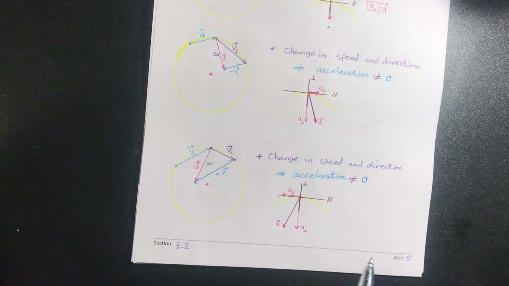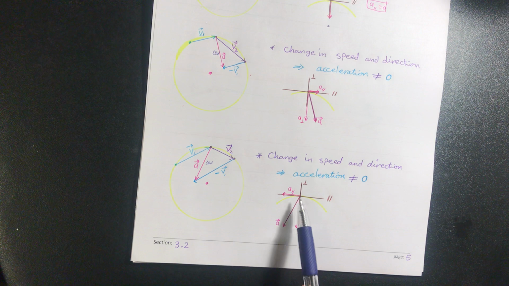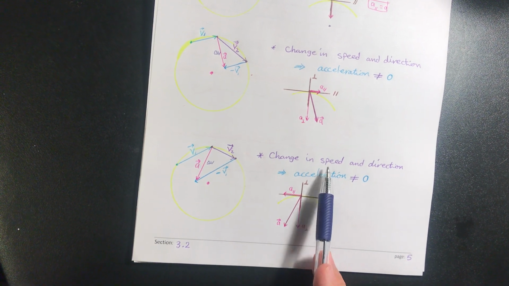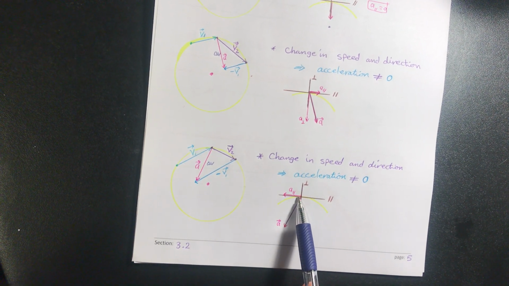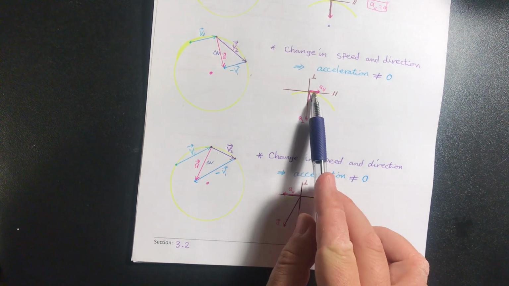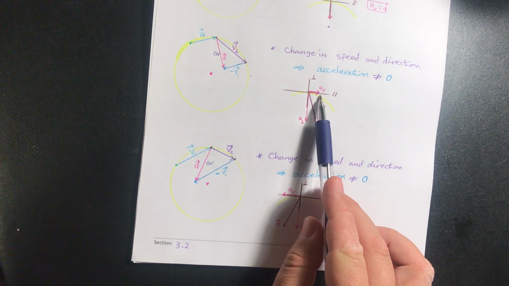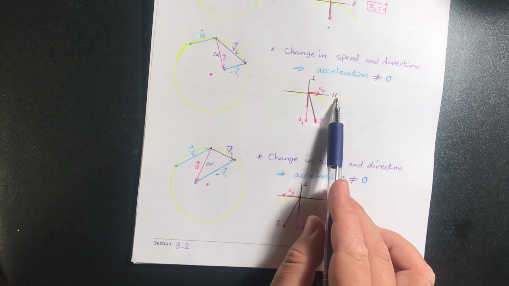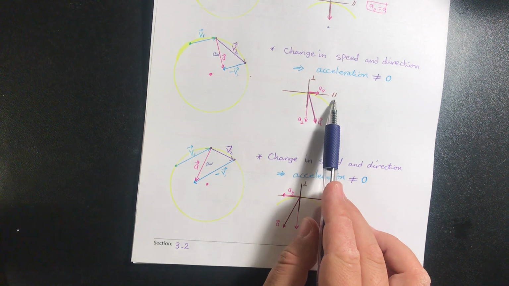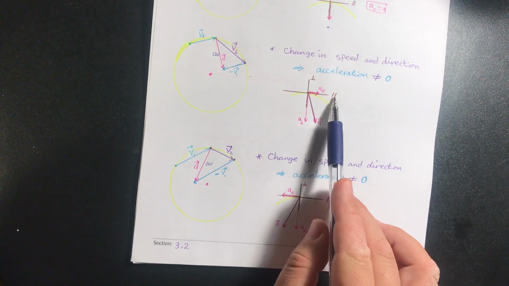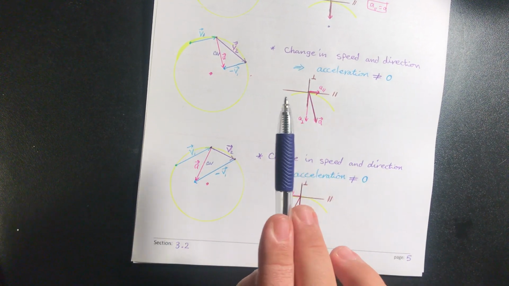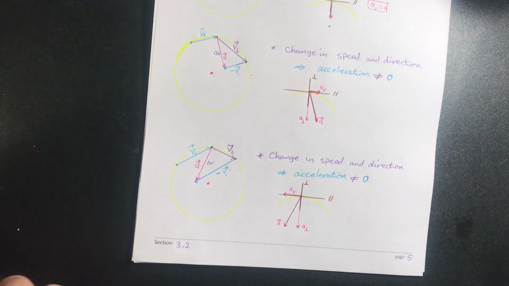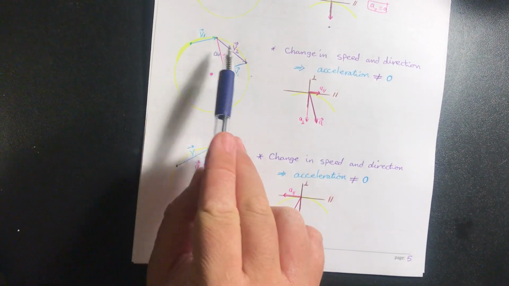And the same way, if we have any change in speed, then we have a tangential component. This tangential component will be in the positive direction of motion, in positive parallel direction to the motion, if the second velocity is bigger than the first one, when the acceleration is positive.